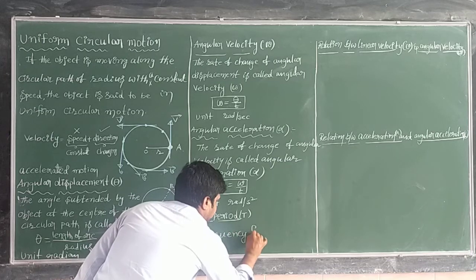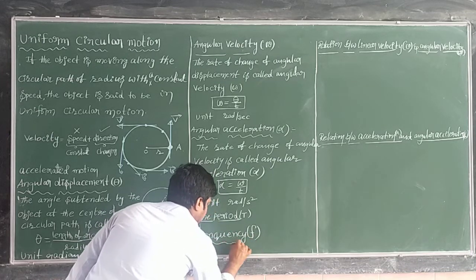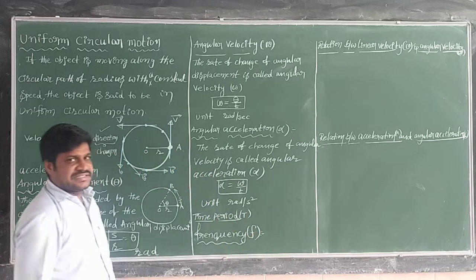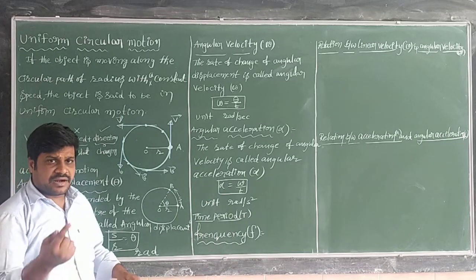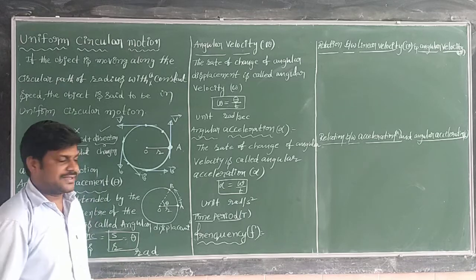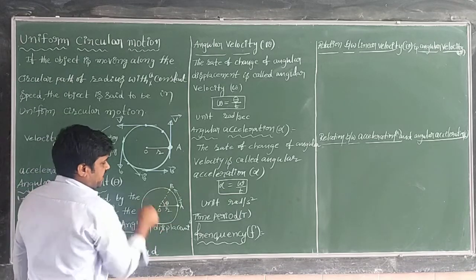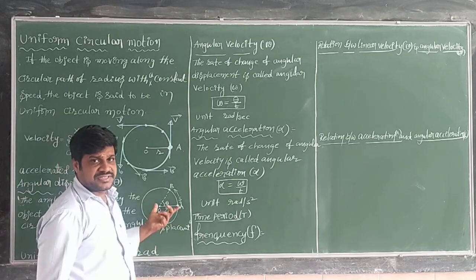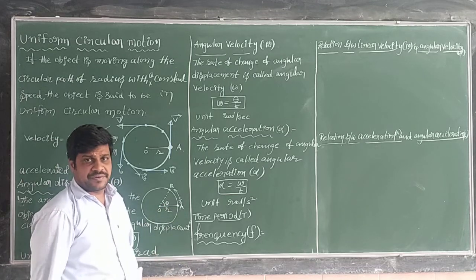Frequency is denoted by f or nu. Frequency means the number of revolutions made by the object in 1 second. In 1 second, how many revolutions are made? Some n number of revolutions are made.